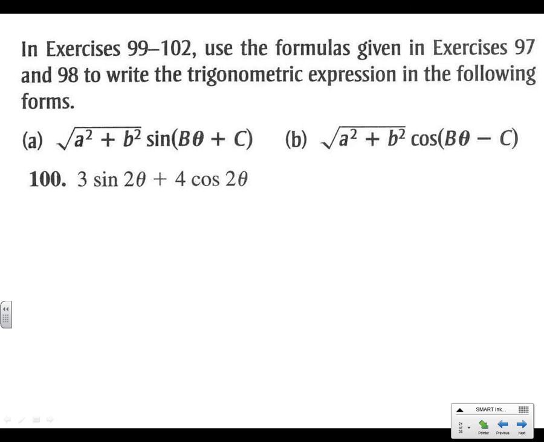All right, so they say go look at 97 and 98 for some formulas here.